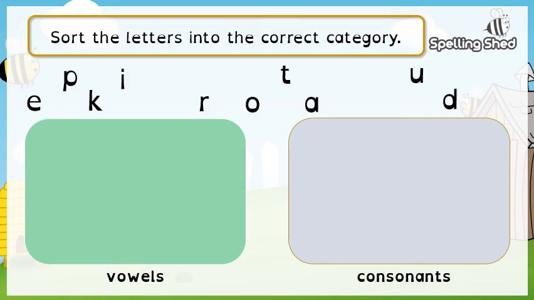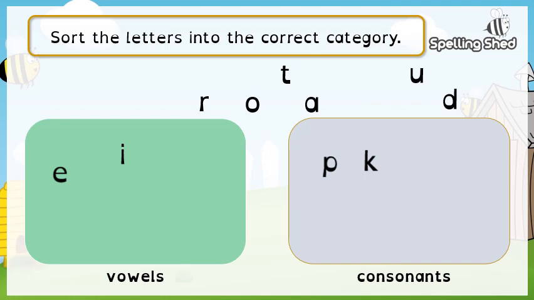Let's see if we can sort these letters into the correct category. E, is that a vowel or a consonant? It's a vowel. What about P? Consonant. K, consonant. I, vowel.